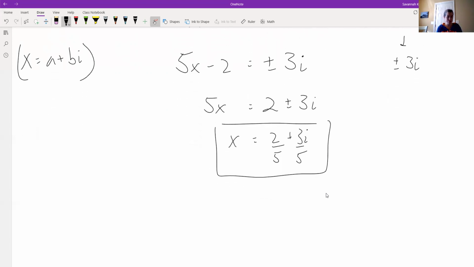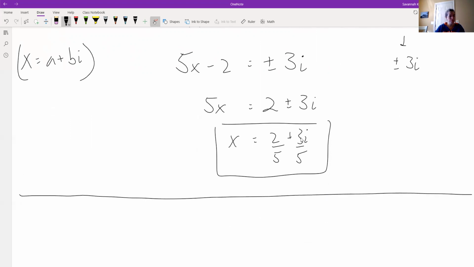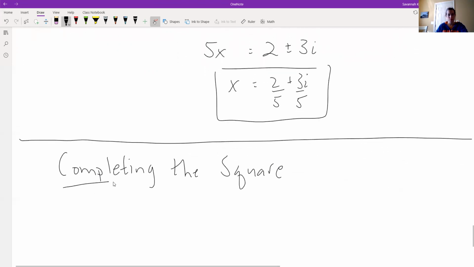All right, now here's where the rubber meets the road. Completing the square. This is the part that, depending on your path through life, specifically your path through future math classes, you may not ever really need to see this again too much.